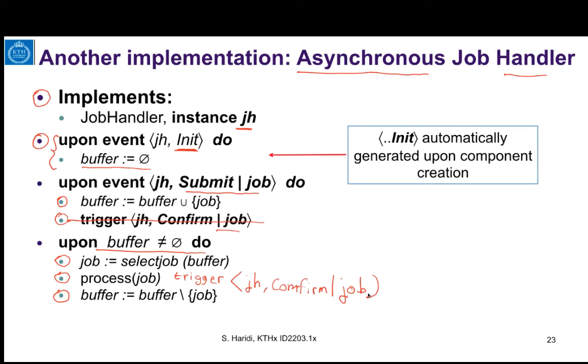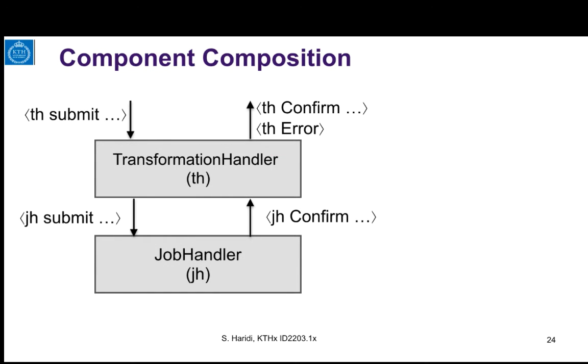This is another implementation that satisfies the specification, but now you can see that the output could be a sequence of submits followed by a sequence of confirms, which is quite different from the original sequence that is allowed by the formal implementation. We can go further and compose components together.